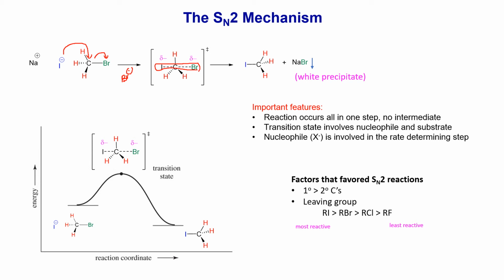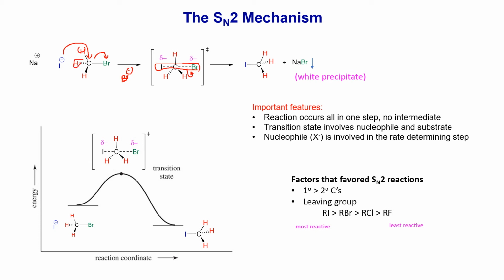That means there's no intermediate. There's no carbocation formation like the Sn1 mechanism. Eventually this transition state molecule is unstable, right? So eventually the bromine will break off to form a new alkyl halide right here. That's methyl iodide. But notice that proton right here.